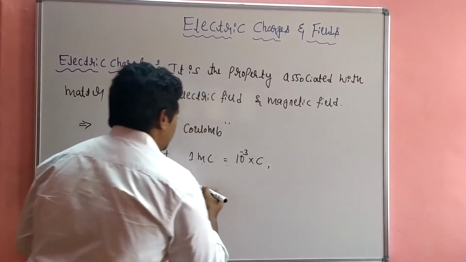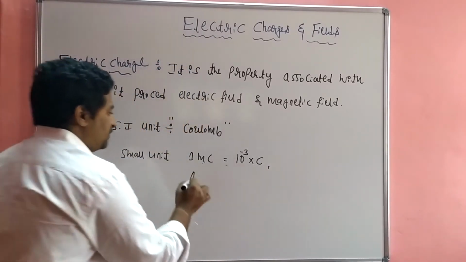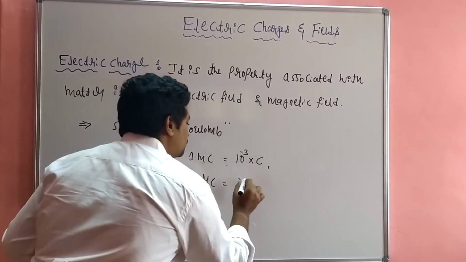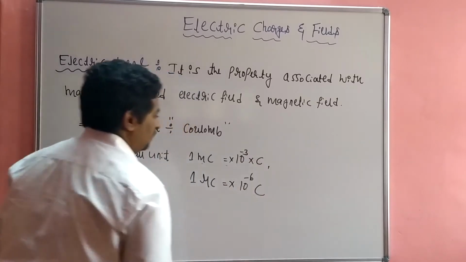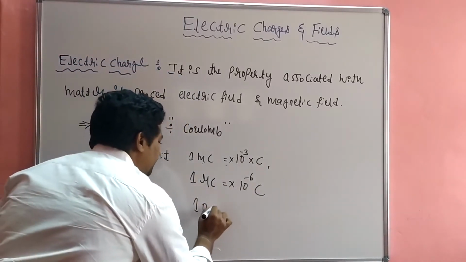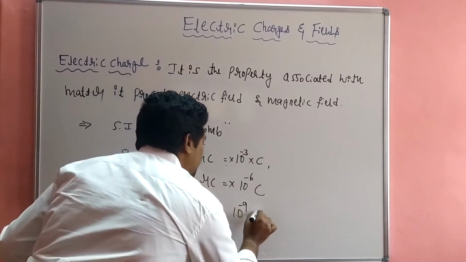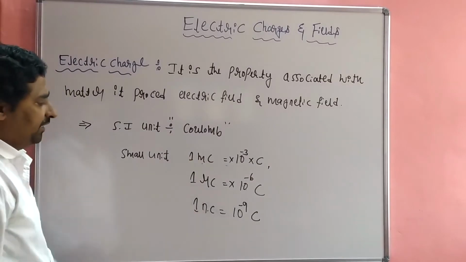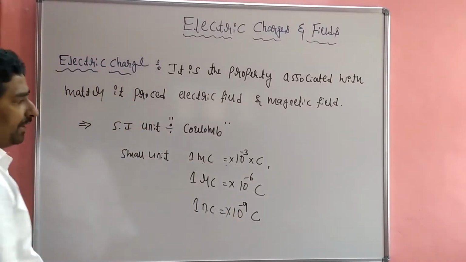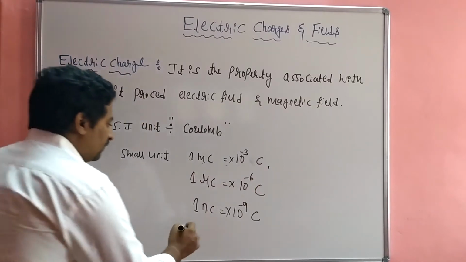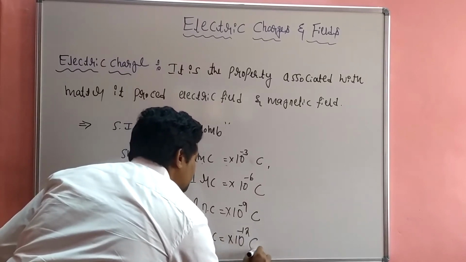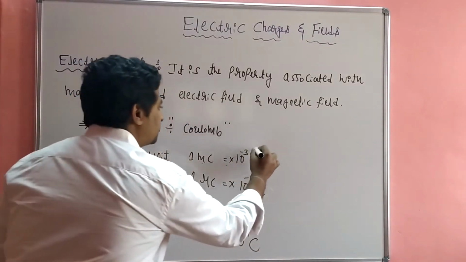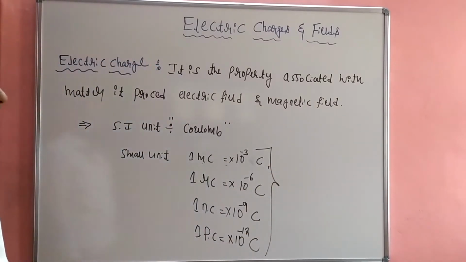Micro is multiplied by 10 to the power of minus 6. 1 nanocoulomb is multiplied by 10 to the power of minus 9. 1 picocoulomb is multiplied by 10 to the power of minus 12. These are some smaller units for conversion of the SI unit.